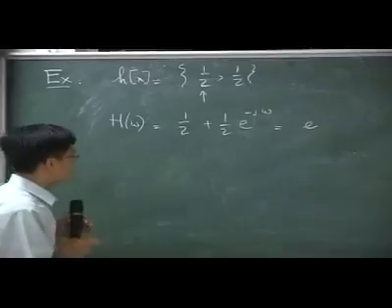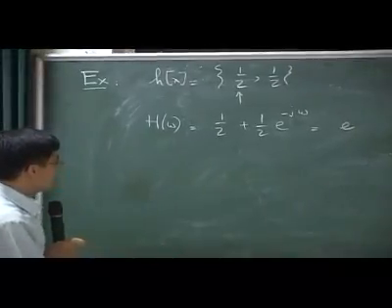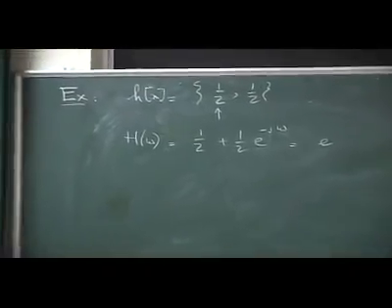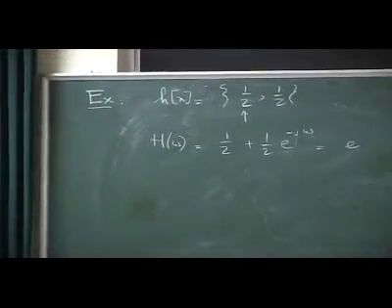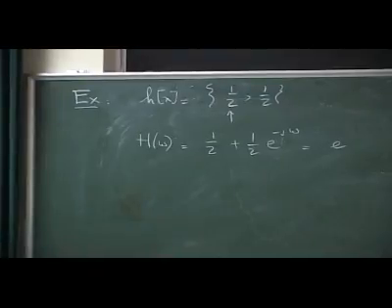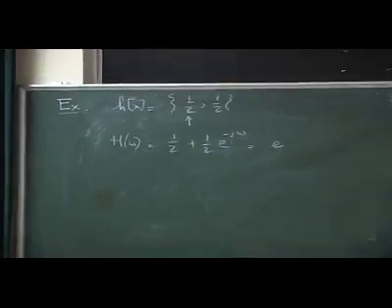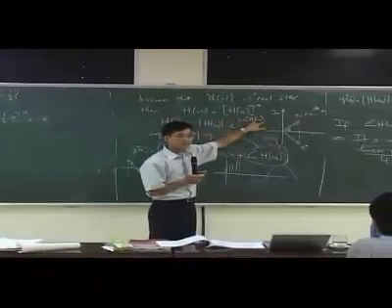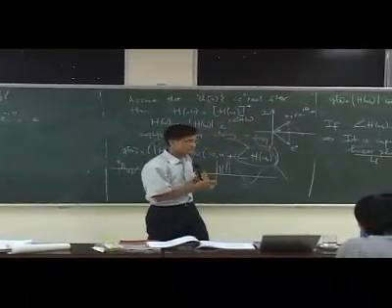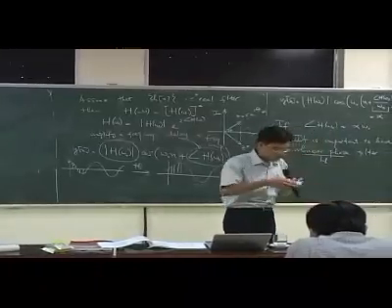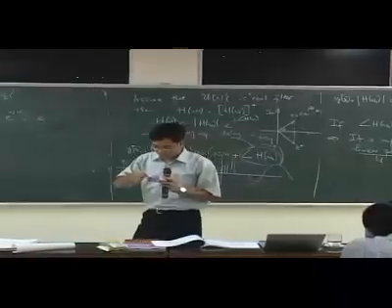The trick is I want to represent it in the form of a real number multiplied with e^(j) of some real number, so I can represent it in phase and magnitude. That is what we're trying to do.